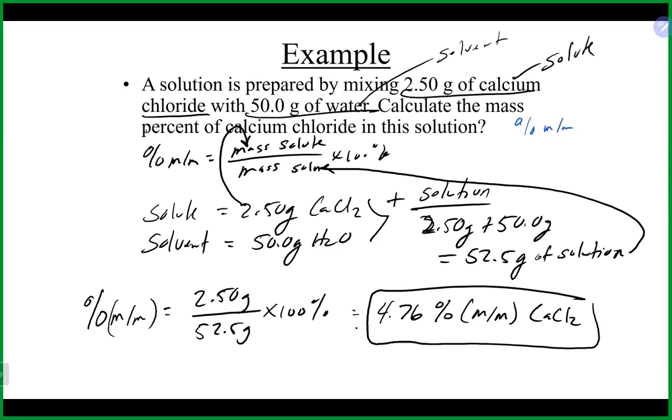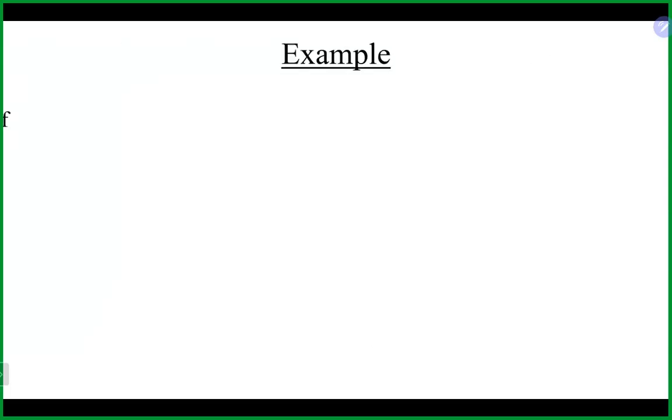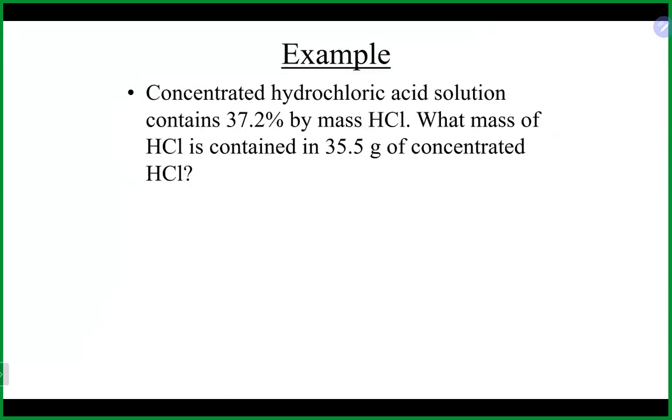All right, so let's try another one here and see. Concentrated hydrochloric acid contains 37.2% by mass HCl. What is the mass of HCl in 35.5 grams of the concentrated hydrochloric acid, dealing with percent mass to mass?